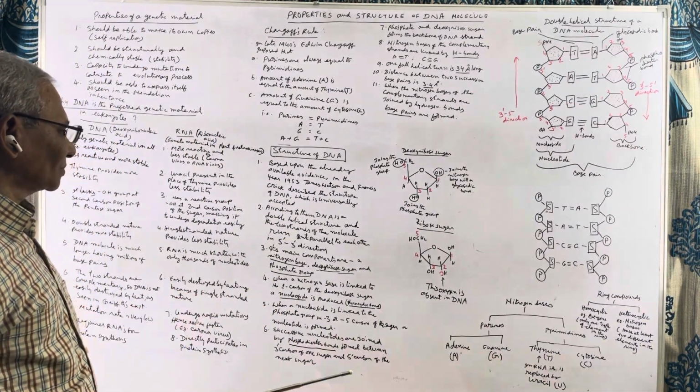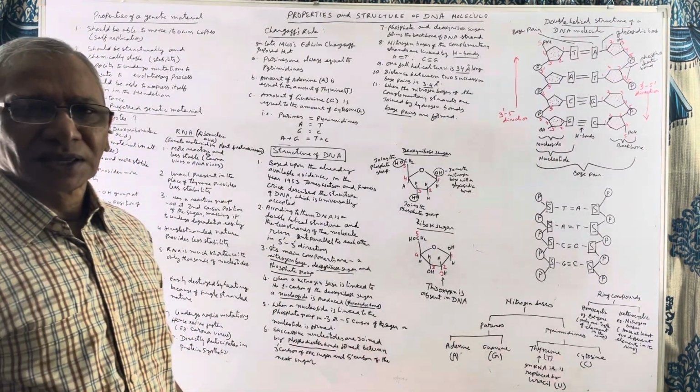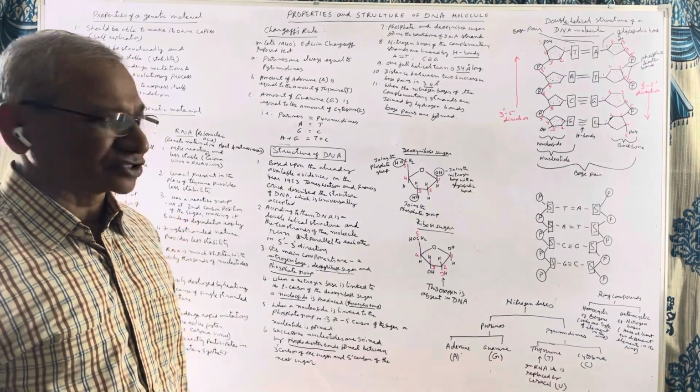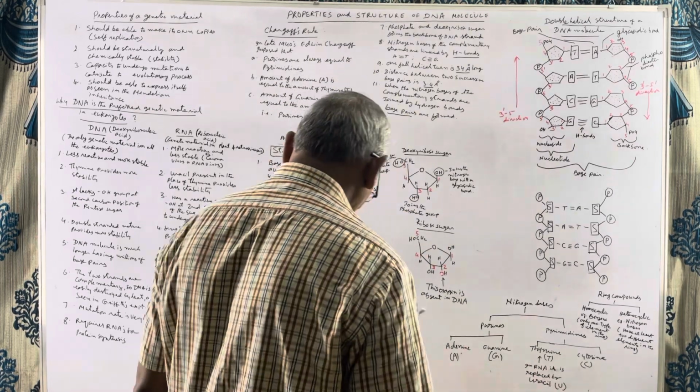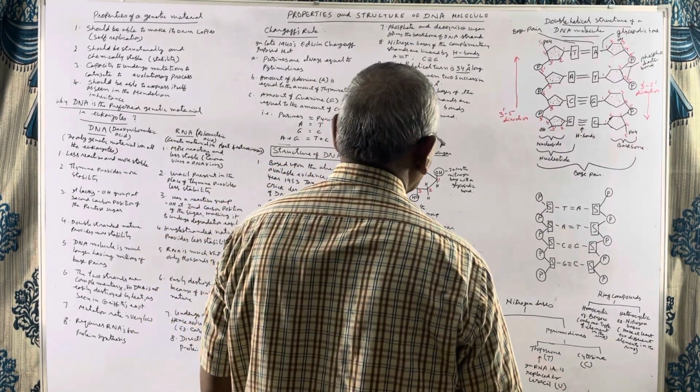According to them, the DNA molecule is a double helical structure. This one. Actually, a double helical structure means it is a helix like this.